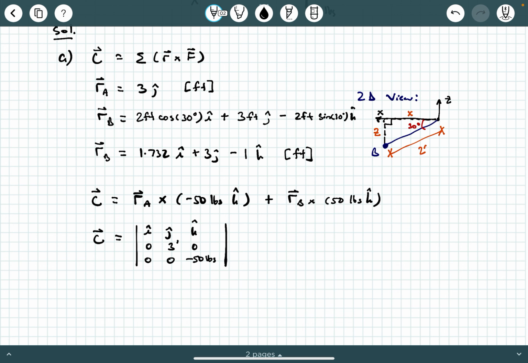So that's the determinant for this first cross product. And then I'm going to say plus i, j, k, 1.732 feet, 3 feet, and negative 1 feet, and 0, 0, 50 pounds.